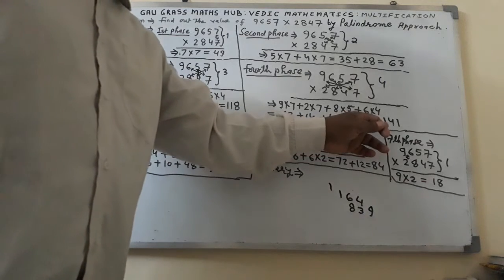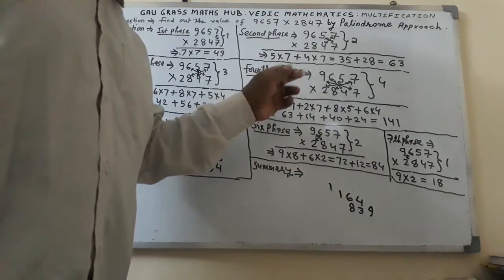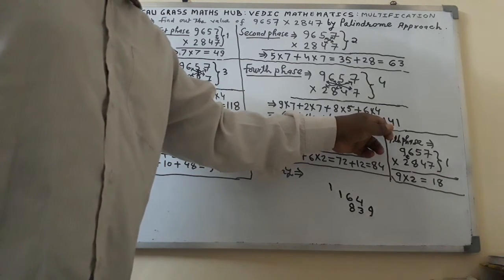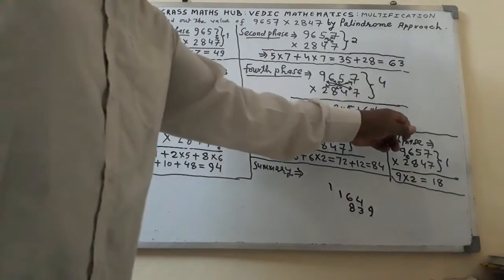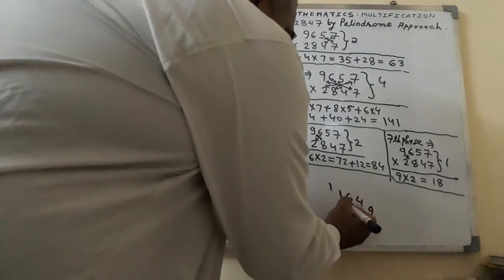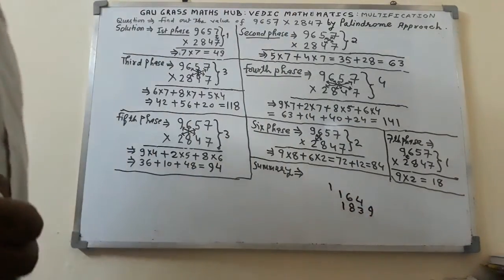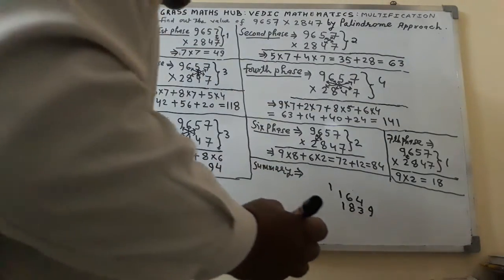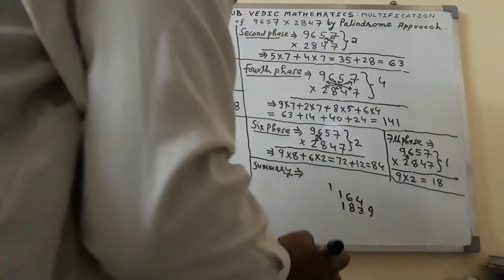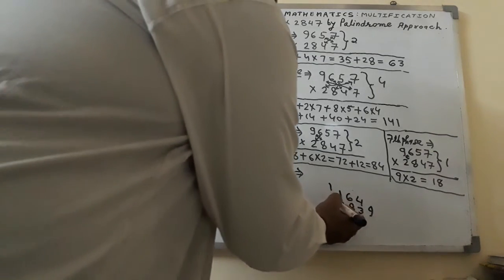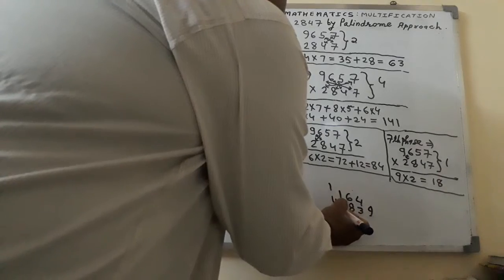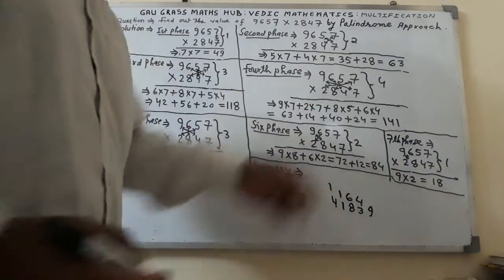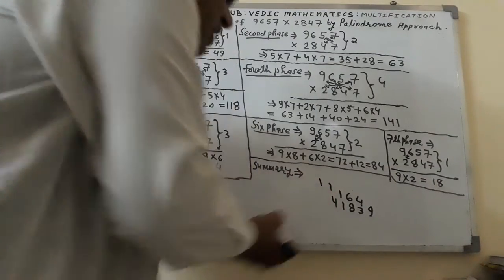And from the fourth page you have got 141. The unit place digit 1 will be written at this place. 10th place digit will be written at this place, and 100th place digit will be written at this place, like this.